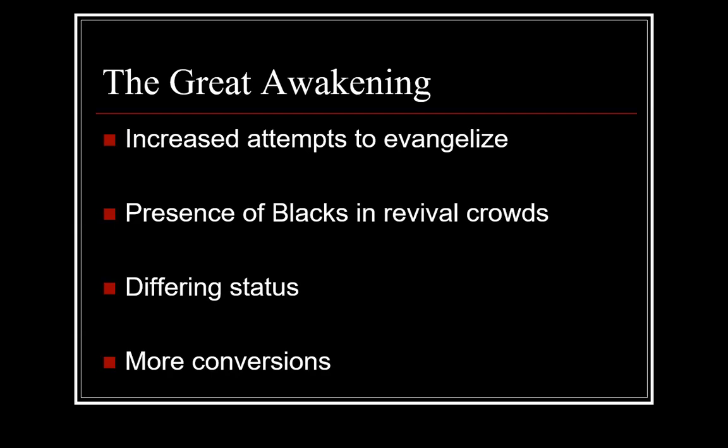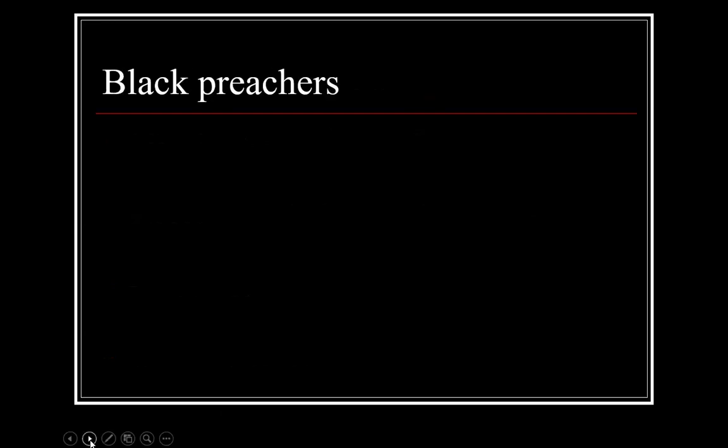Probably one of the most significant factors in the development of these larger numbers was the rise of black preachers. With black preachers preaching to black audiences, that was predominantly where a lot of the success took place.